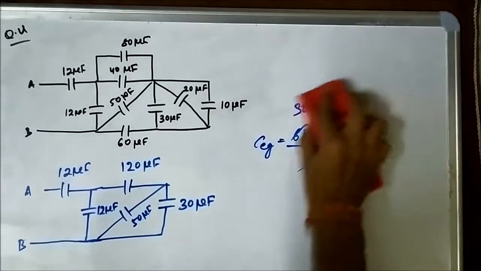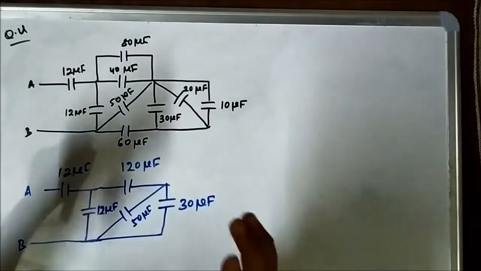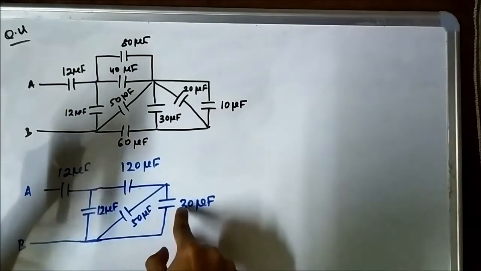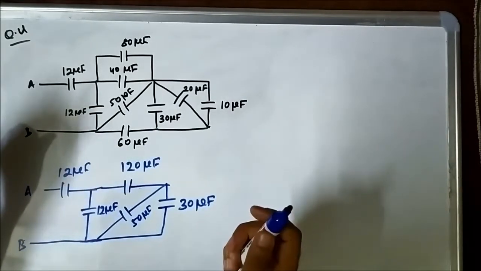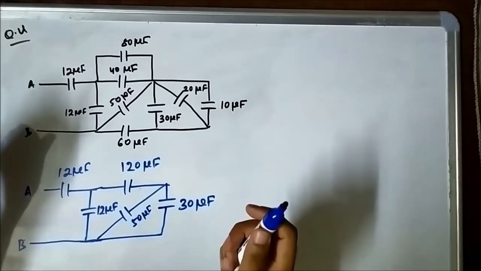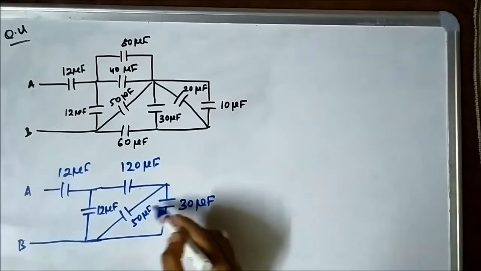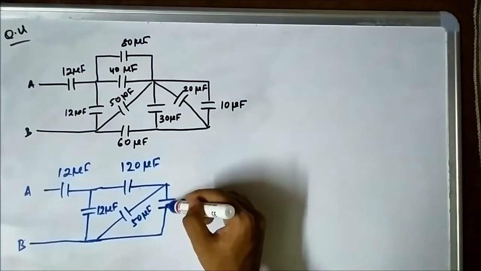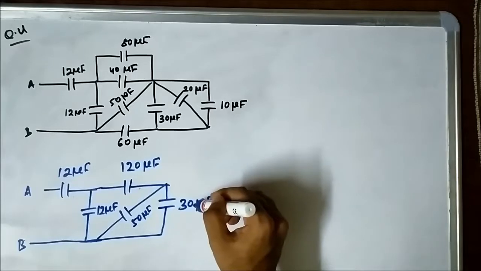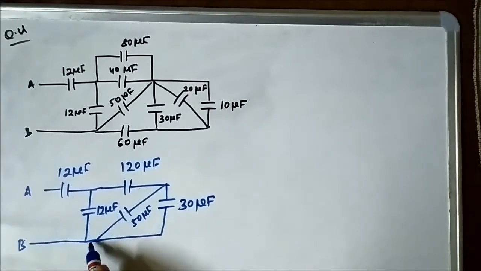Now this 50 microfarad and this 30 microfarad are connected in parallel, because the top end of the 50 microfarad capacitor and the top end of the 30 microfarad capacitor are connected at one common point, and the bottom ends are connected at one common point.